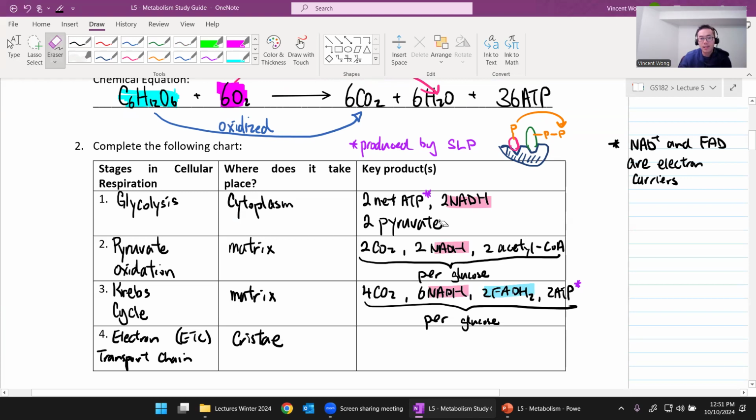Okay, so all these electron carriers that we've created along the way, they're going to drop off the electron at the ETC where you will use them to produce a lot of ATP. Okay, 32 to be exact. And you will also generate water.